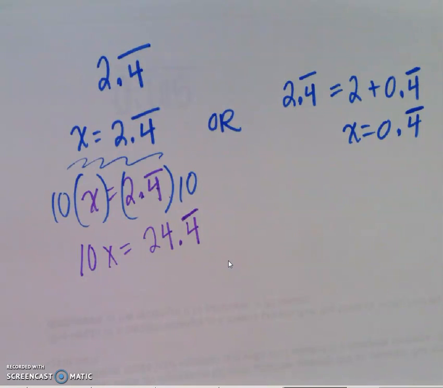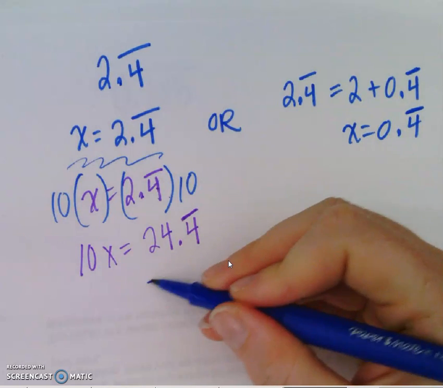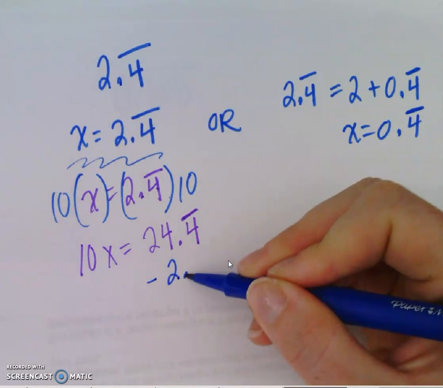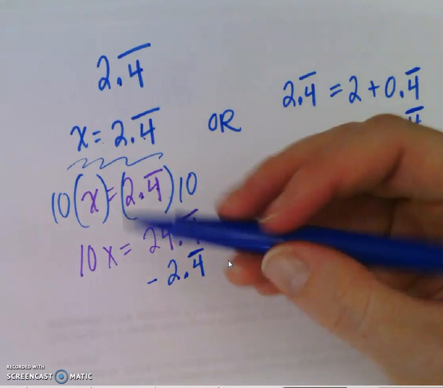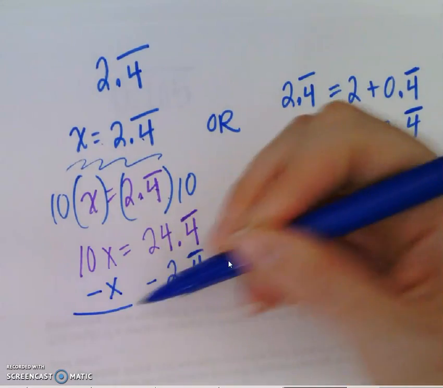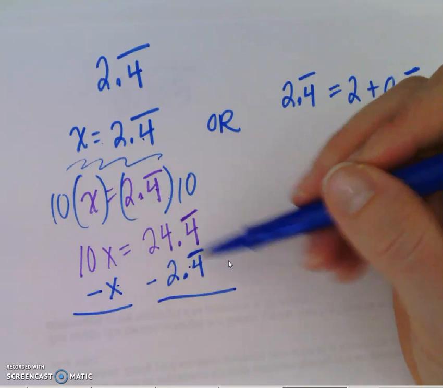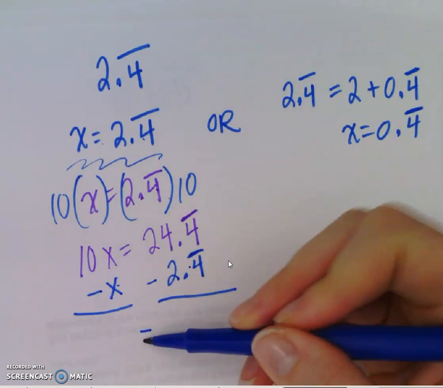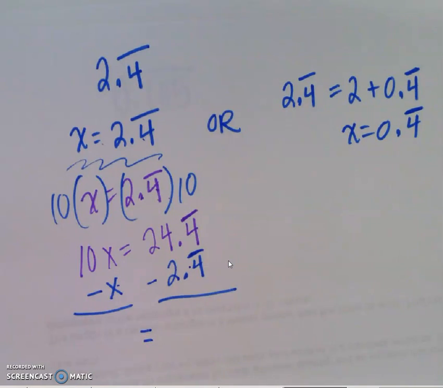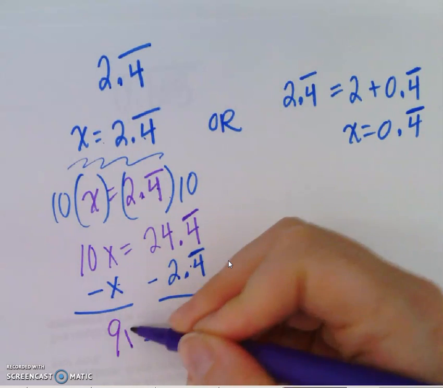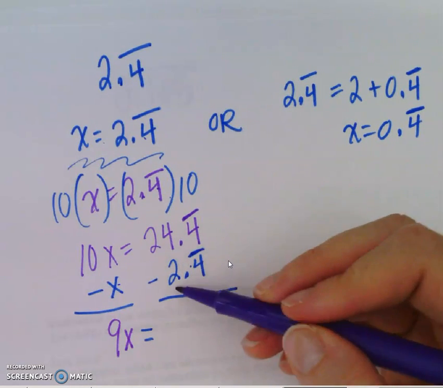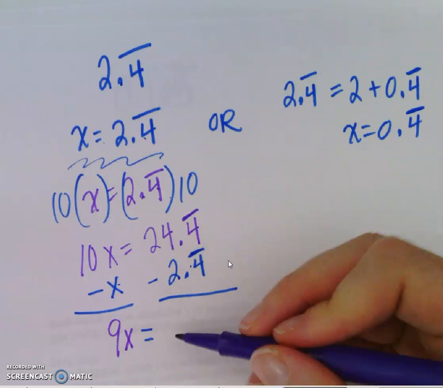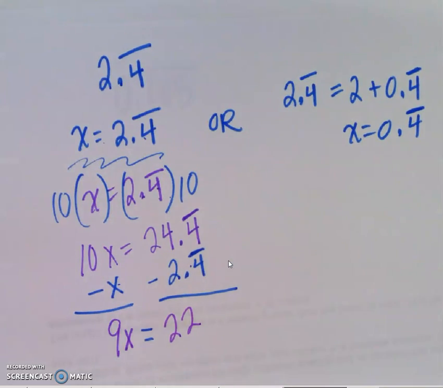So when we subtract, cancel out 2.4 repeating from this side, that's equal to x. So I'm going to subtract x. That means I'm subtracting the same amount, making this still equivalent to each other. 10x minus x is 9x, and 24.4 repeating minus 2.4 repeating is going to get me 22.